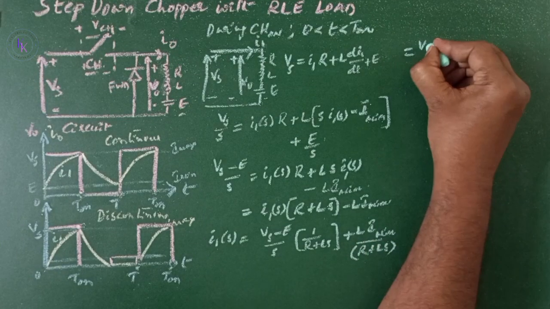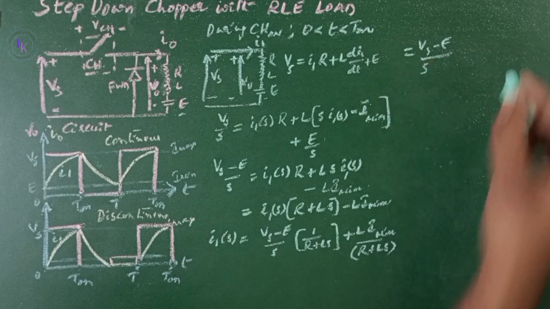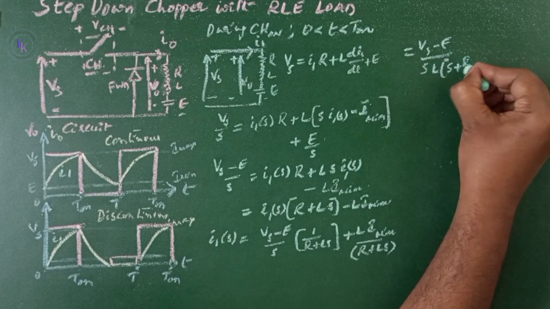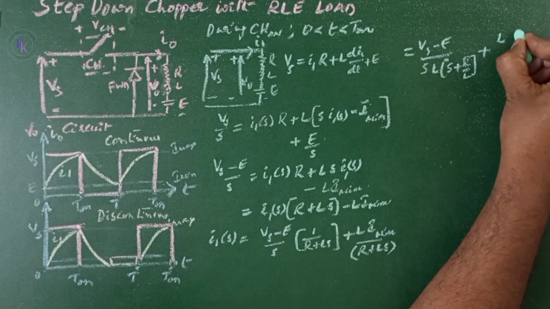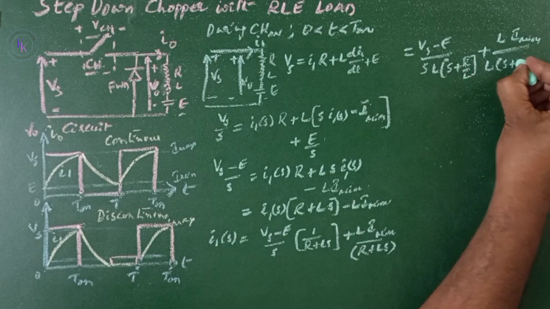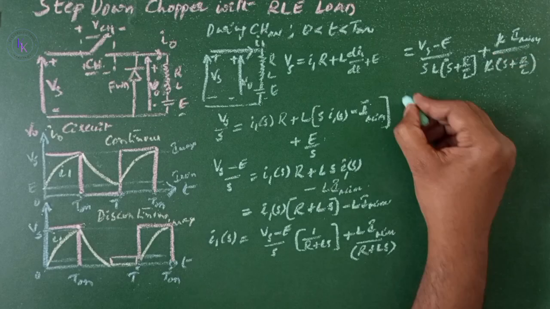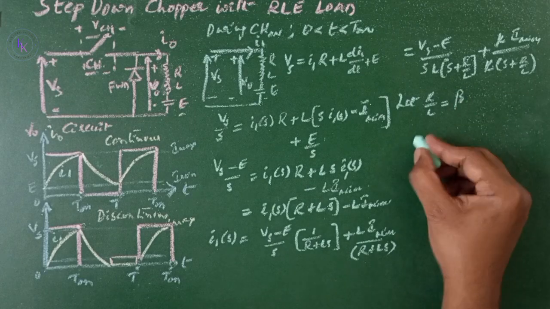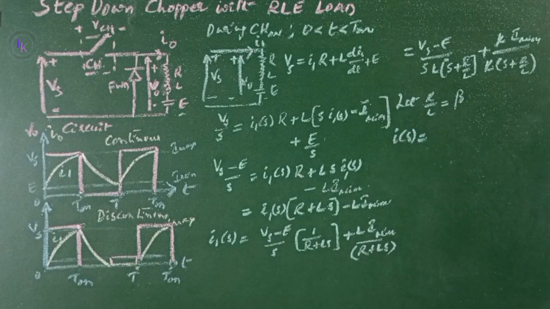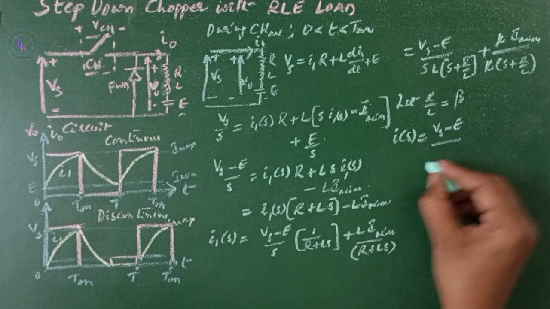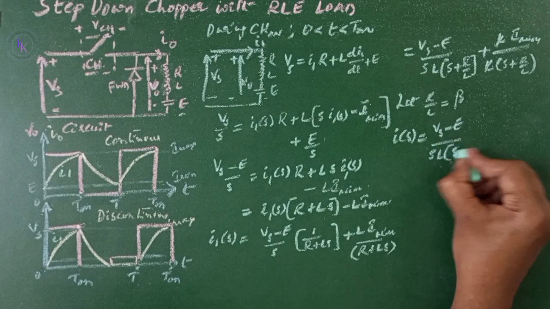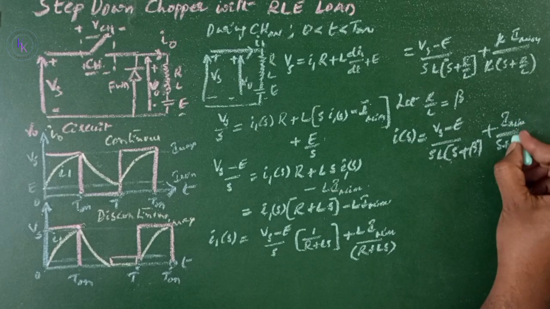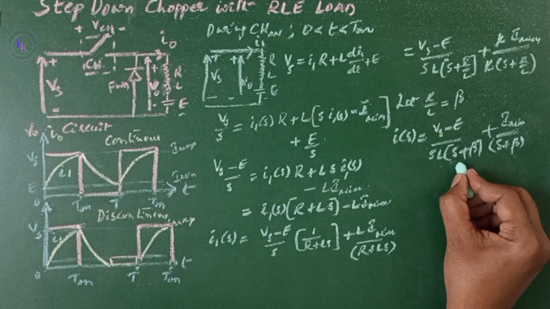On the right hand side, Vs minus E by S, taking L out of this, you will get S plus R by L, plus L I minimum divided by L S plus R by L. Let R by L in the above equation equal beta. Then I of S equals Vs minus E divided by SL of S plus beta, plus I minimum divided by S plus beta. Now this is S multiplied by S plus beta.